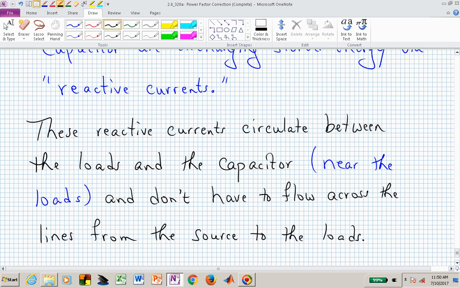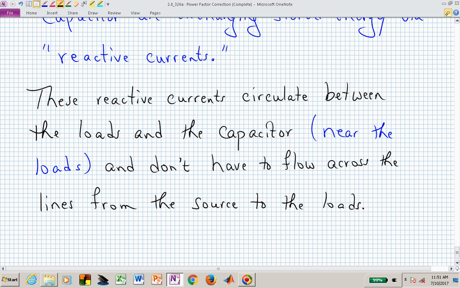And that then says that this current that's required of the source is less, and so it's not losing as much through the transmission lines that are feeding that particular load side of load number 1, load number 2, and that compensating capacitor load provided by the capacitor.